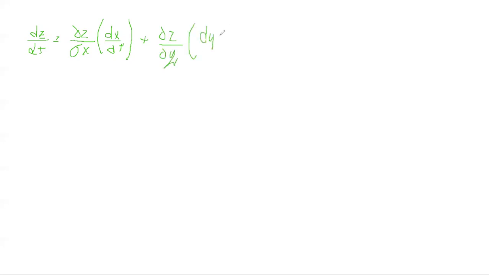All right, so hopefully you remember that equation. dz/dt equals your partial derivative of z with respect to x, times your derivative of x, and then here's your partial derivative with respect to y, times your derivative of y.